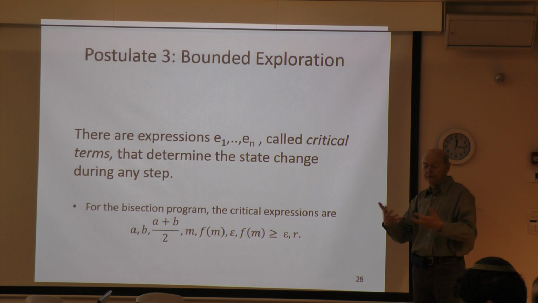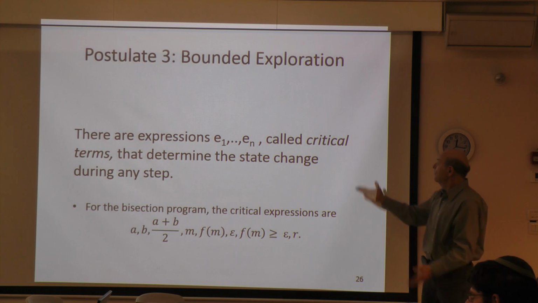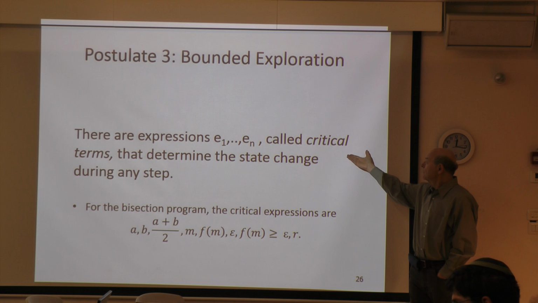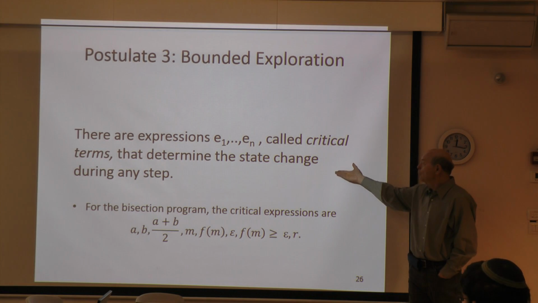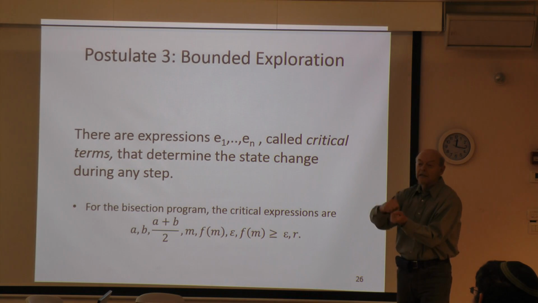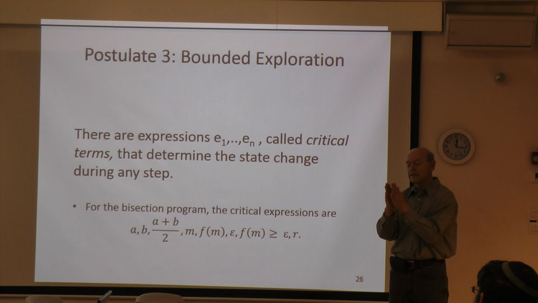Now, if you actually execute, you evaluate. I wrote a little simplified version. There are these expressions called critical terms that determine the state change. The state change is essentially several assignments.